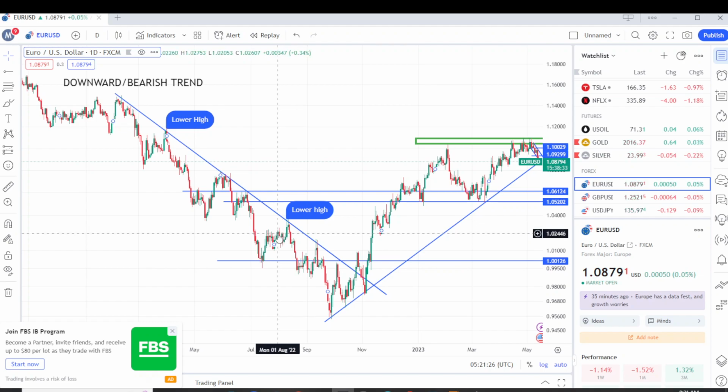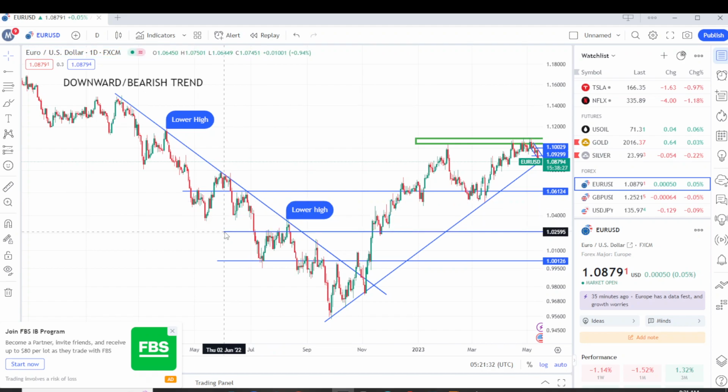But the best one is to wait for confirmation. So you wait for price to close. For this, we have the red candlestick here. When the price closes, then you enter your position at this level here.